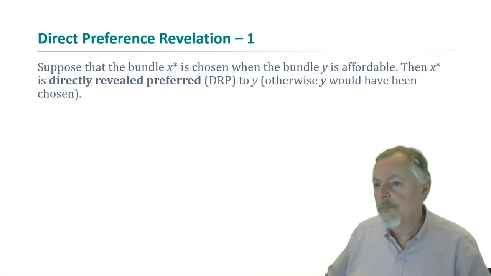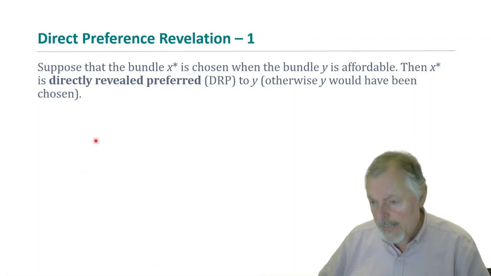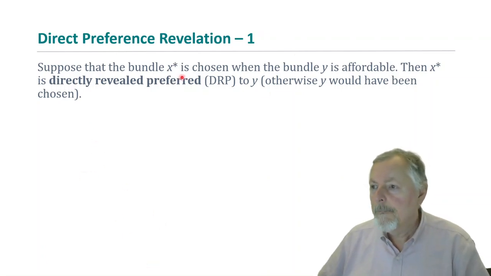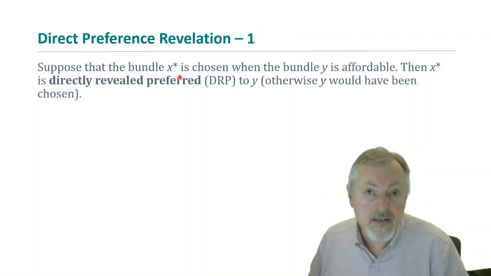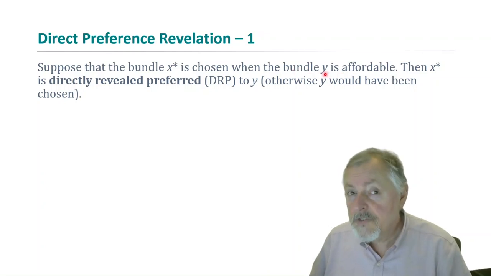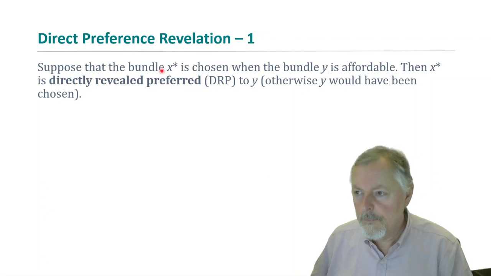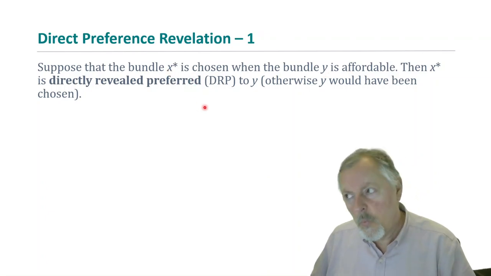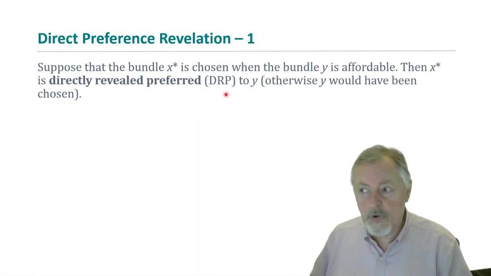Directly revealed preference is this definition on the screen now. You observe that a person chooses bundle X, and bundle Y was affordable. They could have picked Y, but they didn't. They could pick either one, they picked X. We say that X is directly revealed preferred to Y.